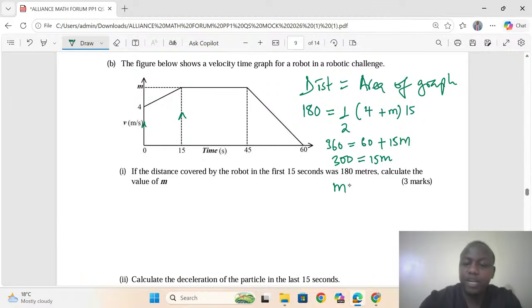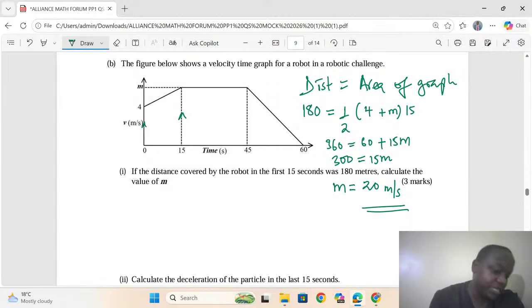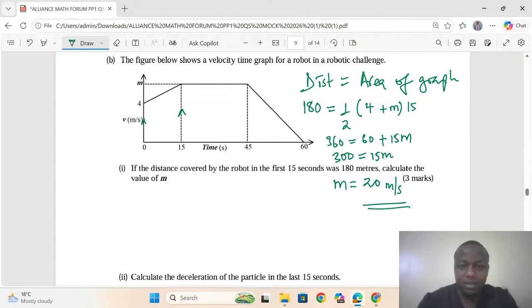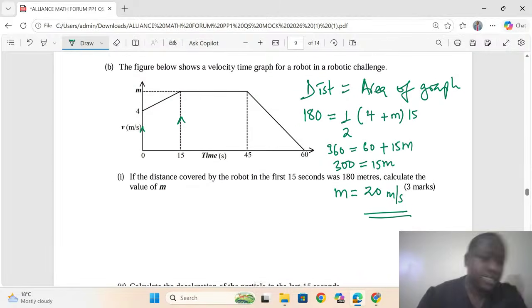To remain with the value of m, 300 should be divided by 15. This takes us exactly to 20. So the value of m is 20 meters per second, because it's a velocity.